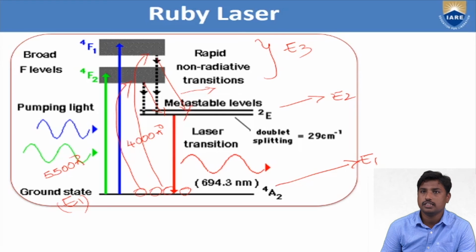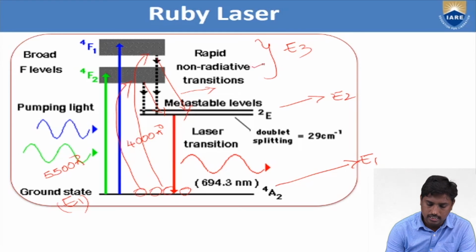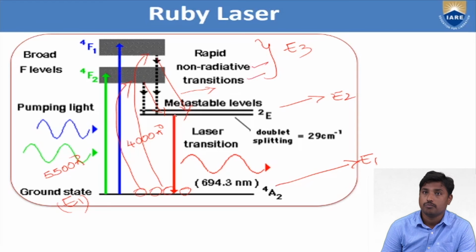That's why we call the transition from 4F1 and 4F2 to E2 a non-radiative transition, because the chromium particles lose some energy and de-excite to the metastable state, and no energy is released in the process.